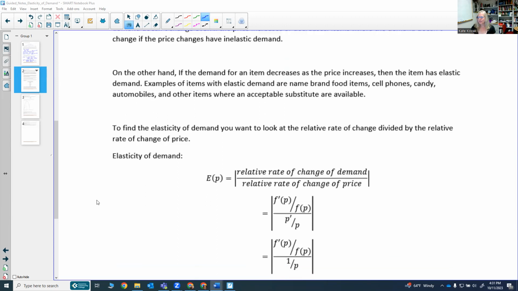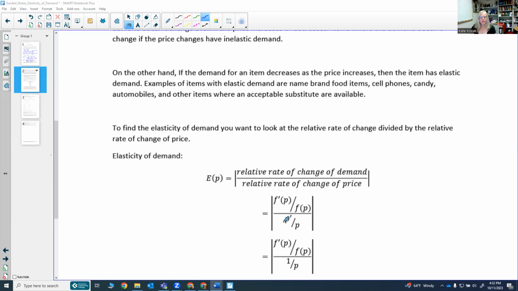So the elasticity of demand, E of P, is equal to the absolute value of the relative rate of change in demand over the relative rate of change of price. Well, the relative rate of change of demand is F prime of P over F of P, which we just did before.